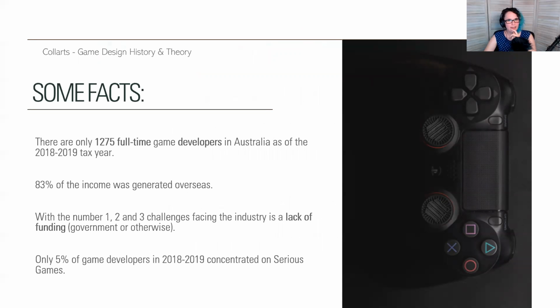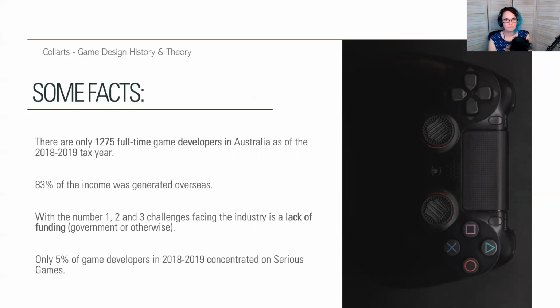Okay, so here's some facts you may not know about the Australian industry. There is currently 1,275 full-time game developers in Australia, as of the 2018-2019 tax year, so last year-ish.